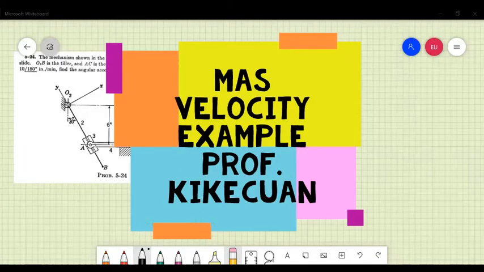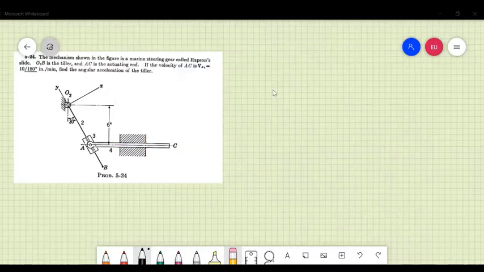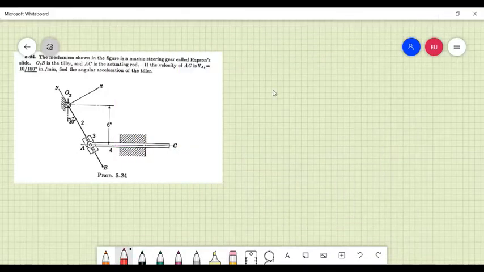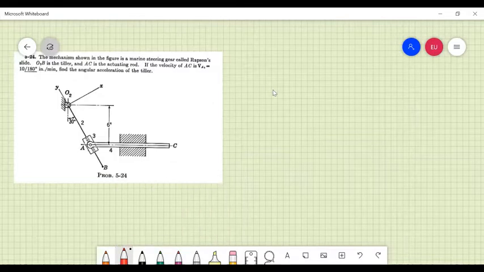Okay, peeps. From the position problem, we should remember, and I want you to validate what I'm going to say with your notes. For the position problem, we propose the following vector loop equation. Sorry, vectors. We propose those three.